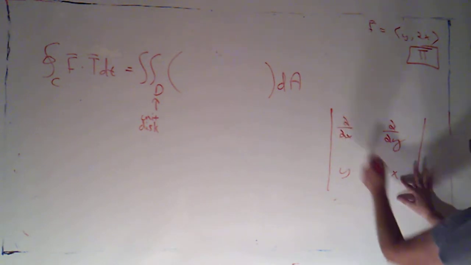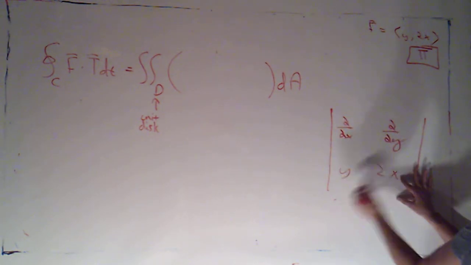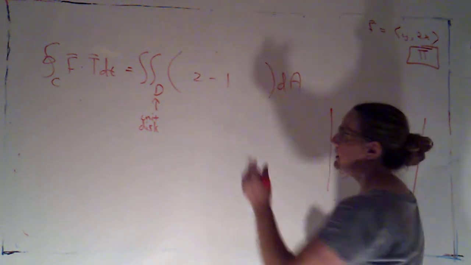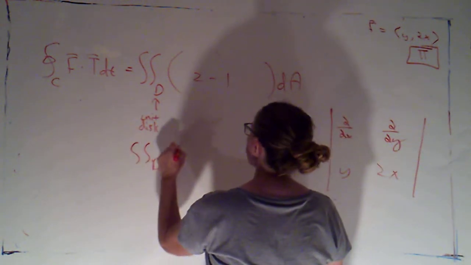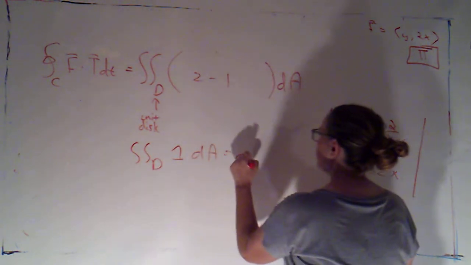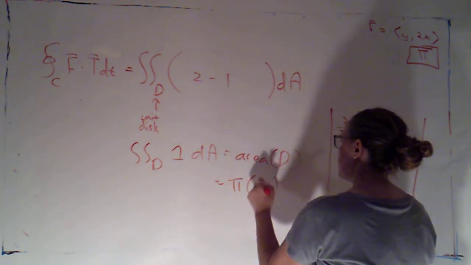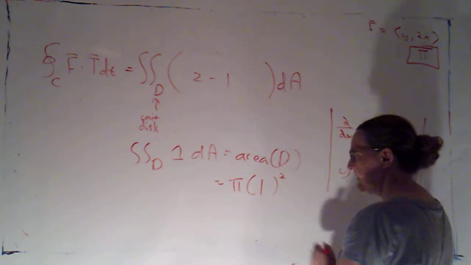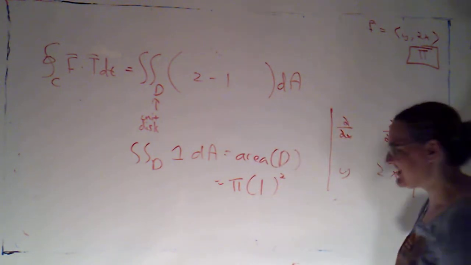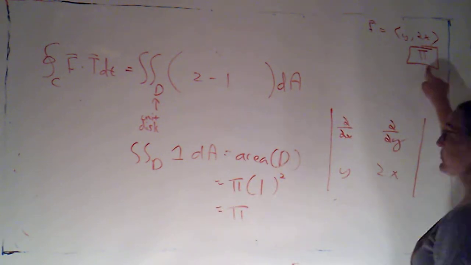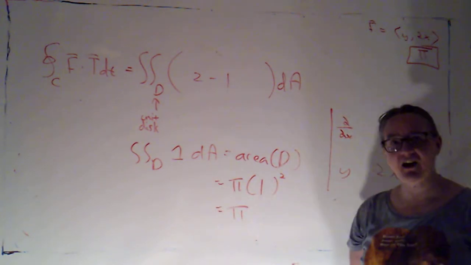Okay, so that's just 2 minus 1. Oh my goodness, that's lovely. So this is just the integral over D of 1 dA, which would just be the area of D, which would be pi times the radius squared. It's the unit disk, so the radius is 1. We just get pi. That's what we got doing it as a line integral.